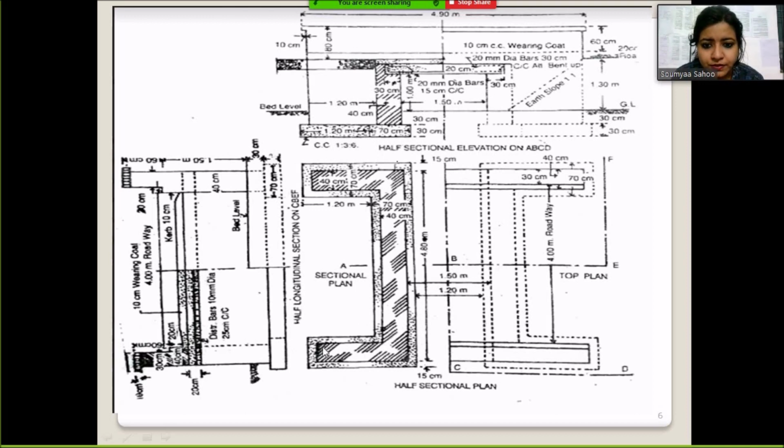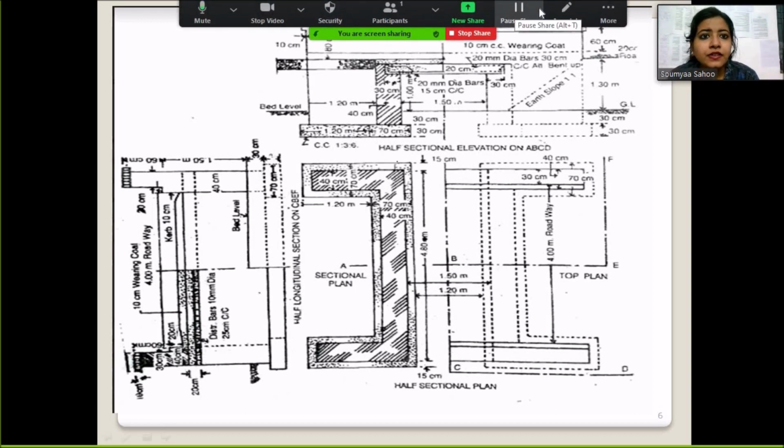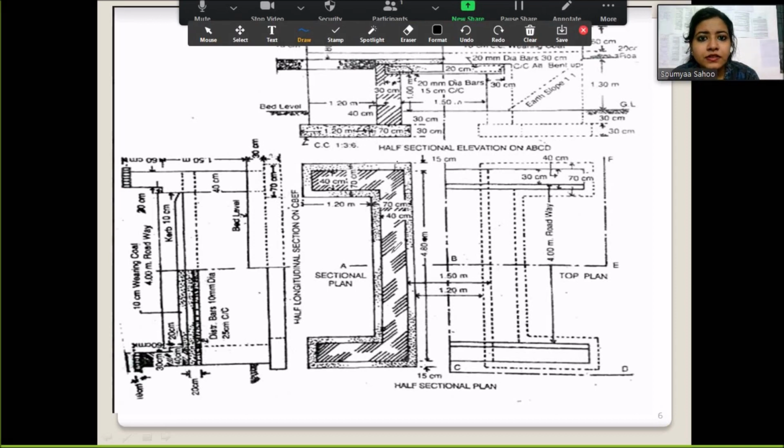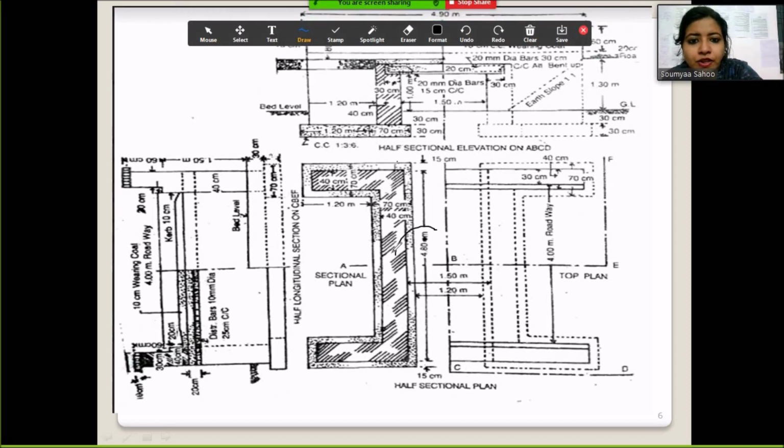This is a channel shaped foundation, and it is showing an abutment. Here this is showing an abutment, and wing wall. This is the bottom view of the foundation.